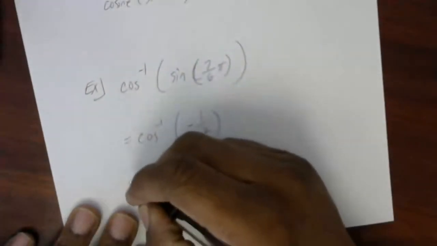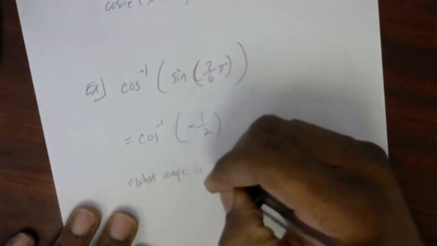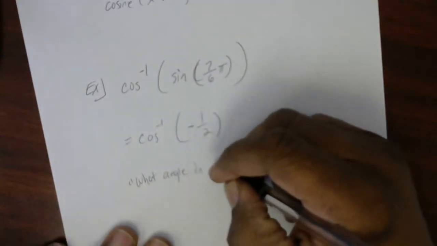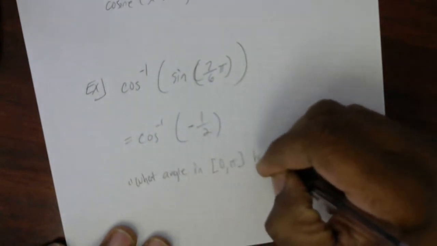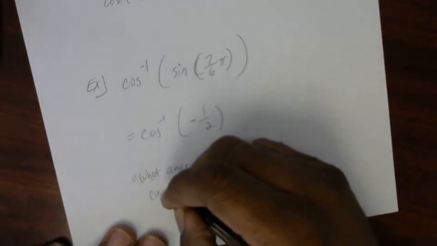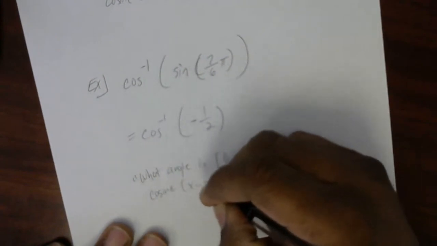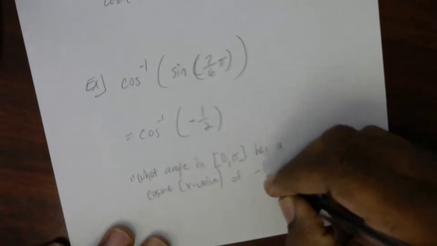Now we want to find the arc cosine of -1/2. So our interpretation is, what angle in the interval from 0 to pi has a cosine, which is an x value, of -1/2?